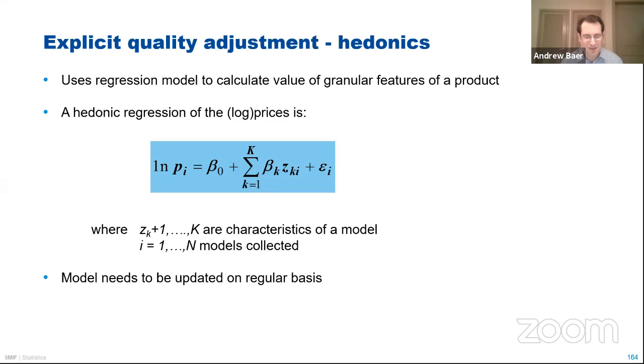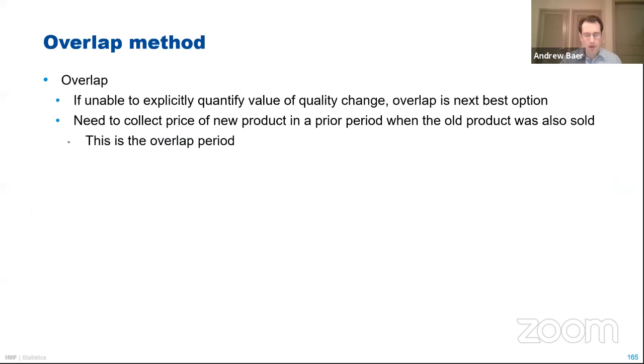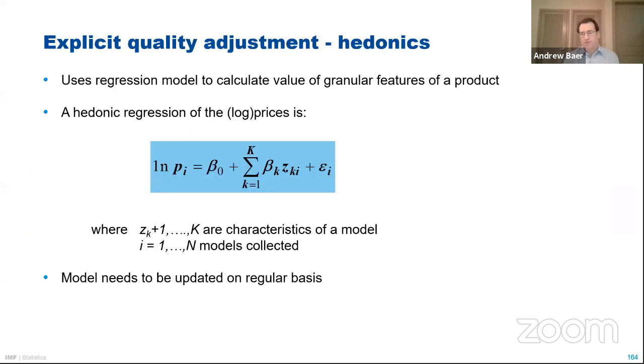Basically, what this is, you take some data source that has the prices of many different products and lists each of the characteristics that those different products have down to a very granular level. So an example would be computer hardware.